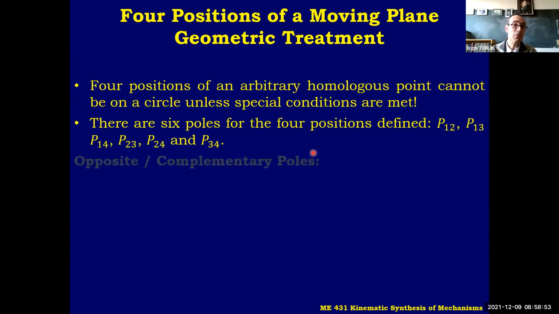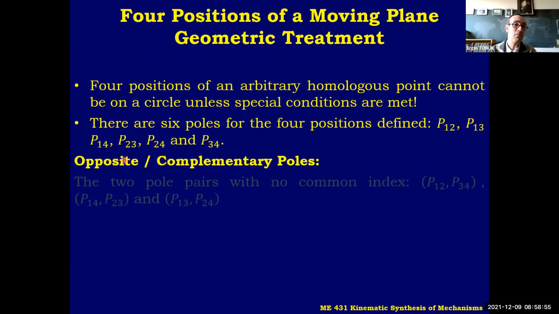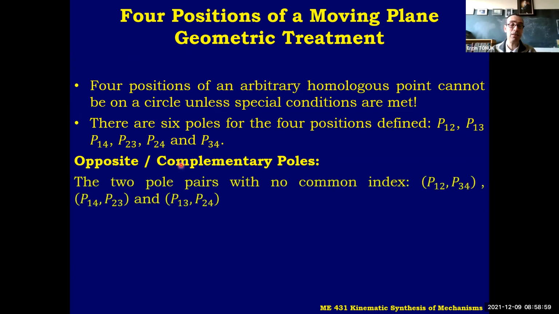Now, there is a definition. Sometimes it's called opposite, sometimes it's called complementary poles. This is 2 pole pairs with no common index, for example P12 and P34. And it's just a pair.